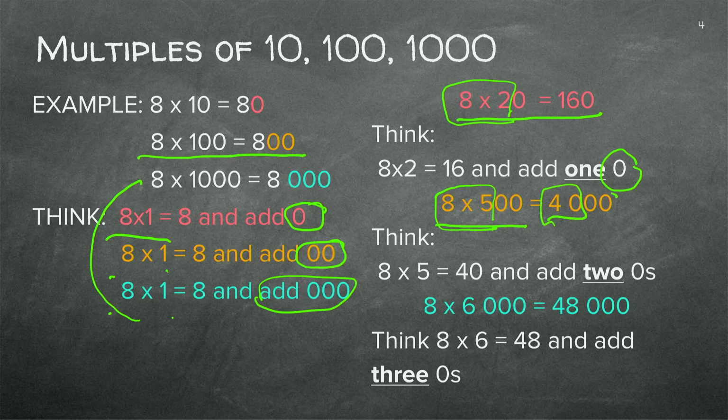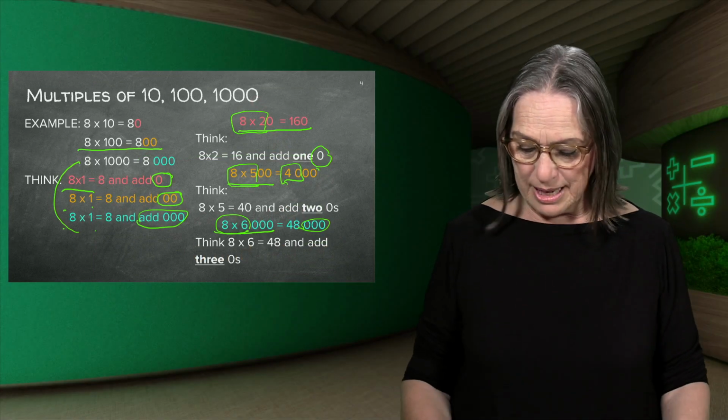And we just add our 2 zeros at the back. So let's do the last one. Last example, 8 times 6,000. Yes, 8 times 6. Now we get it. That's 48, and we just add our 3 zeros. Just makes it so easy to do multiples.